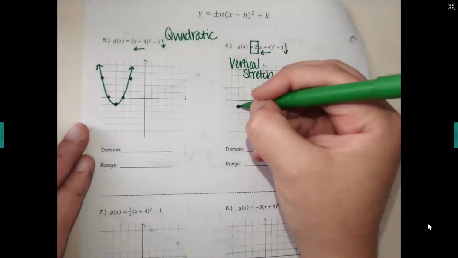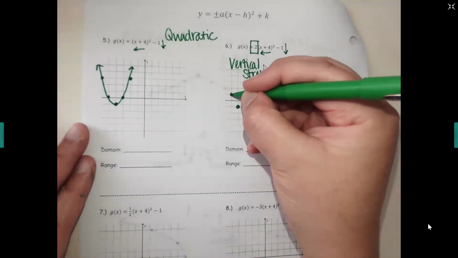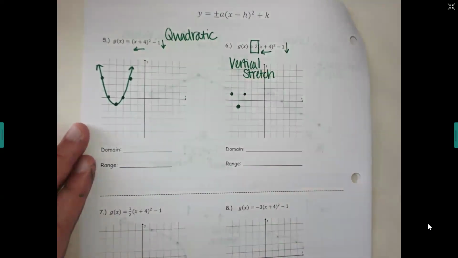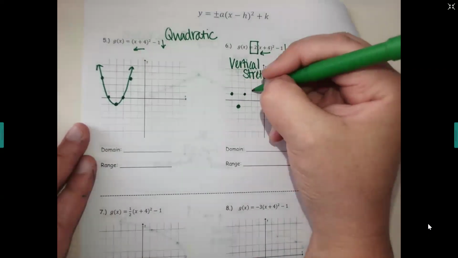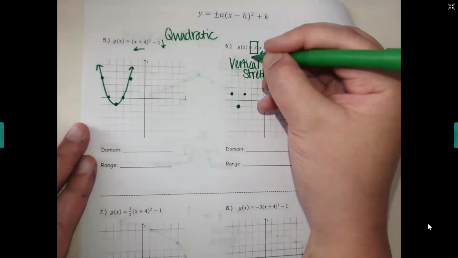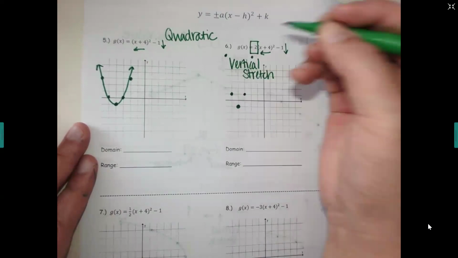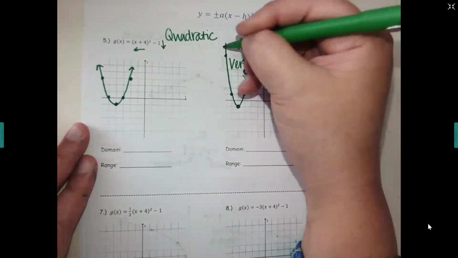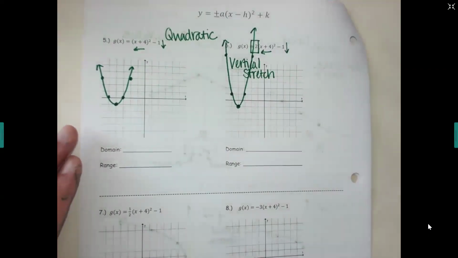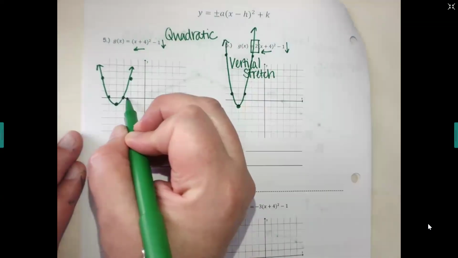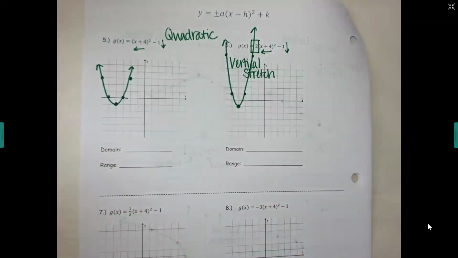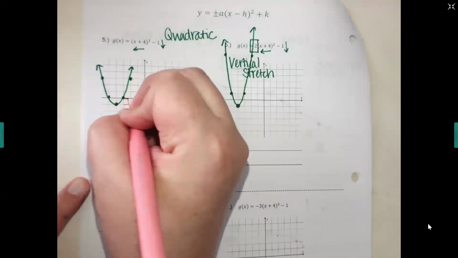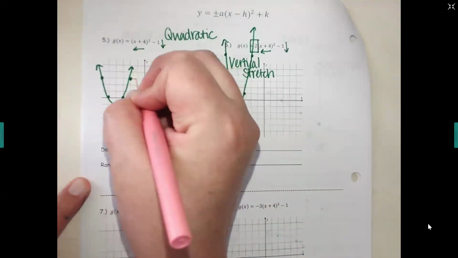Okay, so you're going to go over, up 2, and then over, up 6. 1, 2, 3, 4, 5, 6. Okay, and then I'm gonna put here maybe this was a 1 and then a 3.